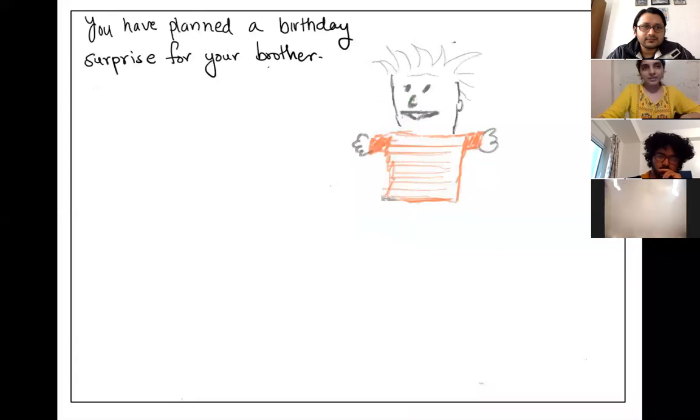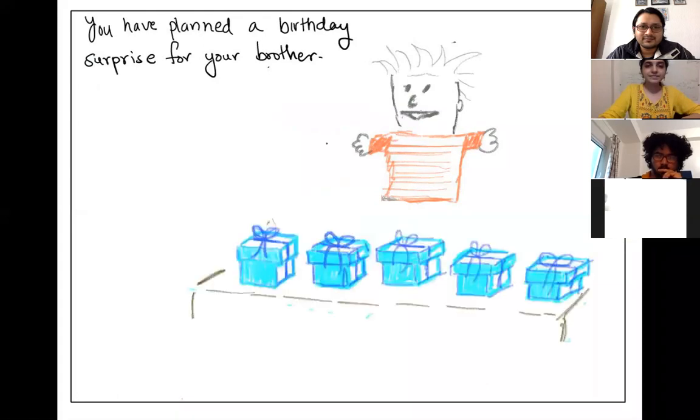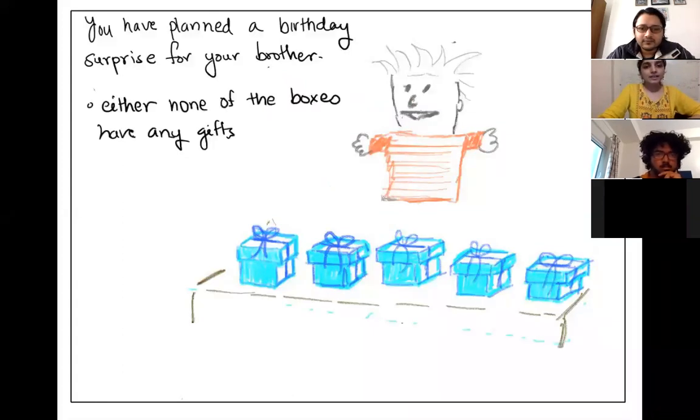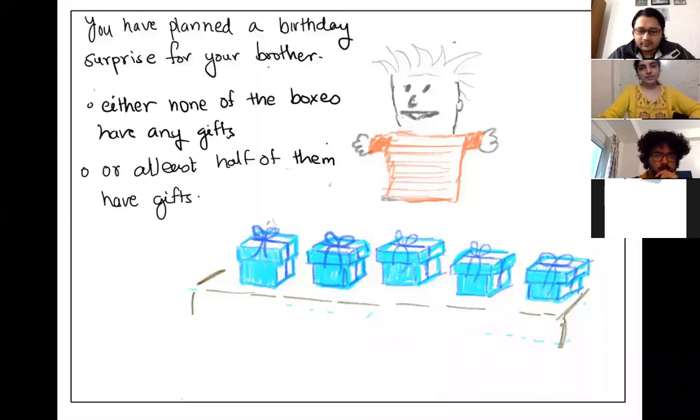Again, you have this annoying little brother, and because you lost so many chocolates to him the last time, you planned a very evil surprise for your brother on his birthday. You say, I have these n boxes of gifts, and either none of the boxes have any gifts, or at least half of them have gifts.